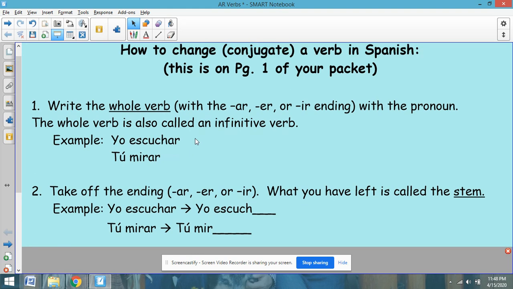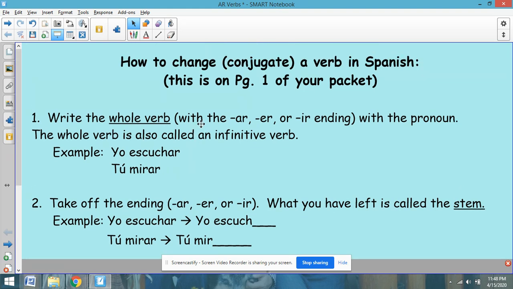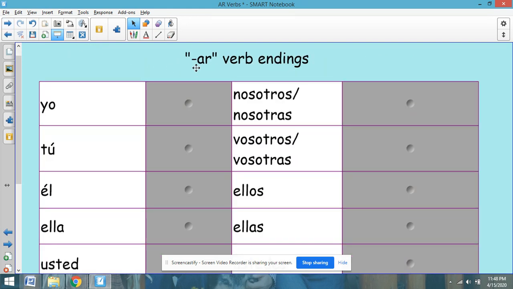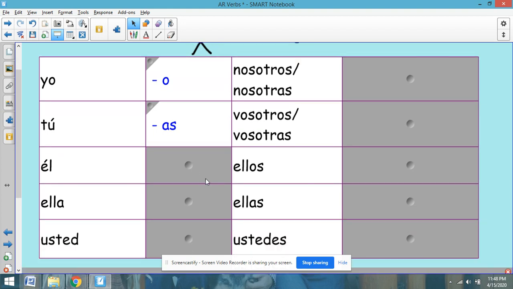Let's look at the endings of AR verbs. When the subject is yo, you take off the AR first and you add o. When the subject is tú, the ending is as. When the subject is él, ella, or usted, these three, the ending is a.